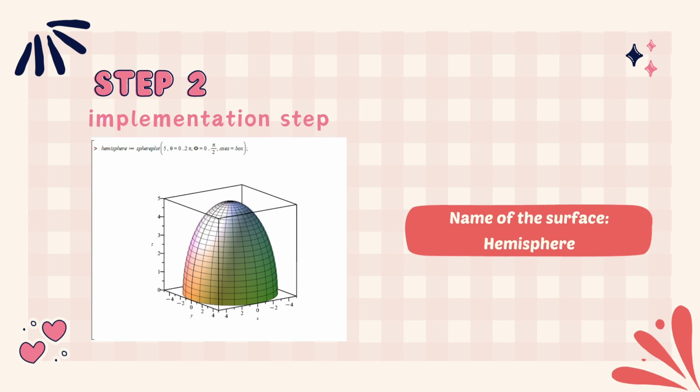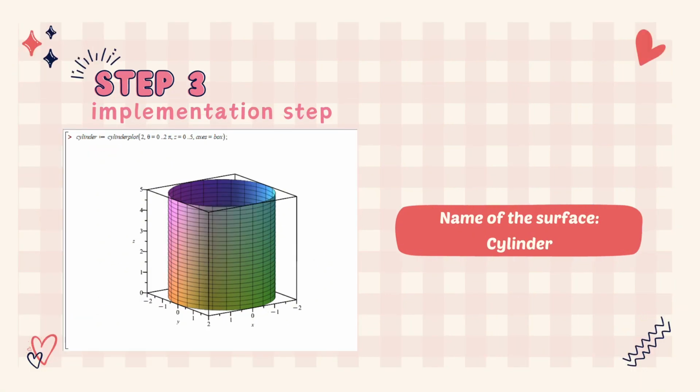That is the result, and the name of the surface is hemisphere. For the next implementation step, I insert cylinderplot, open bracket 2, theta equals 0 until 2 pi, z equals 0 until 5, axes equals boxed, close bracket, and the output is cylinder.